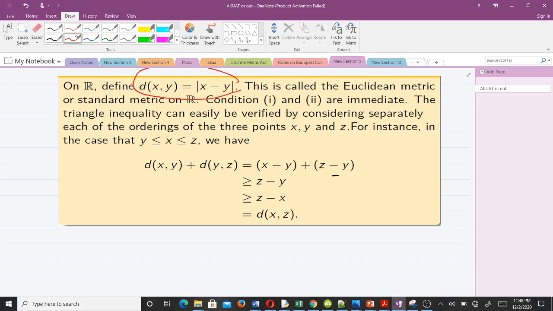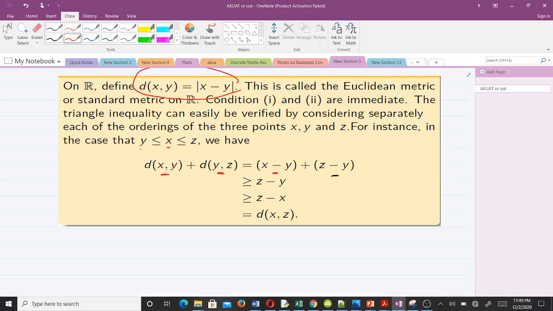So since x is greater than or equal to y, the distance between x and y will be given by x minus y, because we always have to get a positive result, right? We can't do y minus x if we are going to get a negative outcome, because x is greater than or equal to y. Then the distance between y and z would also be z minus y, because z is bigger than y.